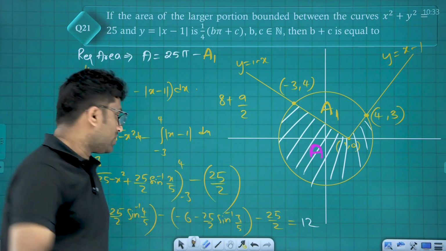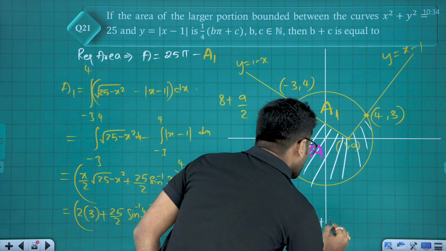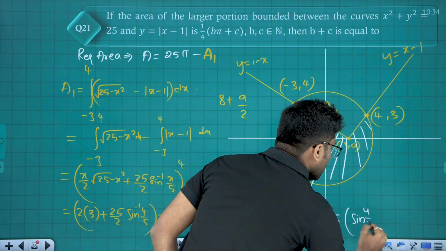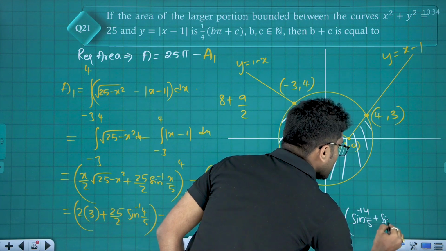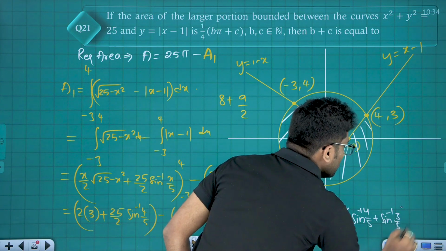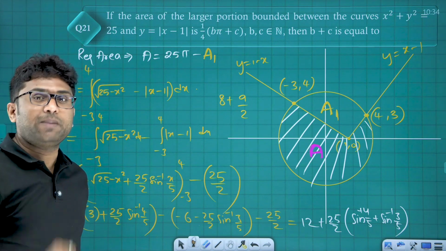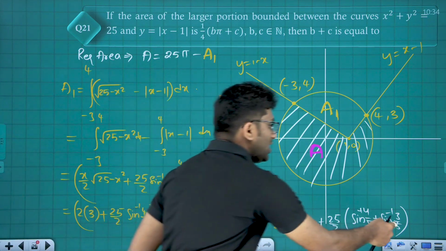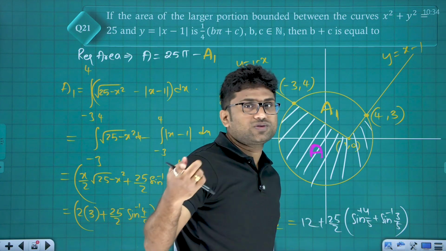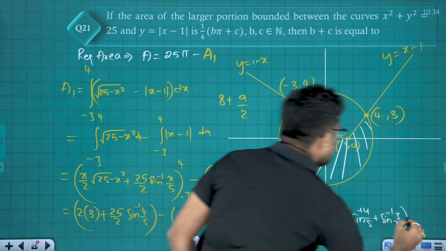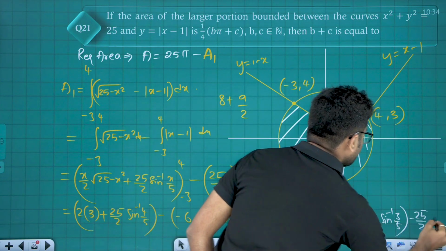Friends, if I take 25 by 2 common, I get sine inverse of 4 by 5 plus sine inverse of 3 by 5. Sine inverse of 4 by 5 plus sine inverse of 3 by 5 is pi by 2, because sine inverse 3 by 5 we can write as cos inverse 4 by 5, and sine inverse x plus cos inverse x is pi by 2.